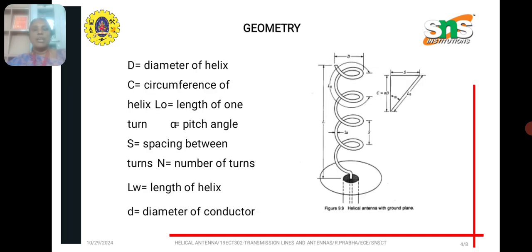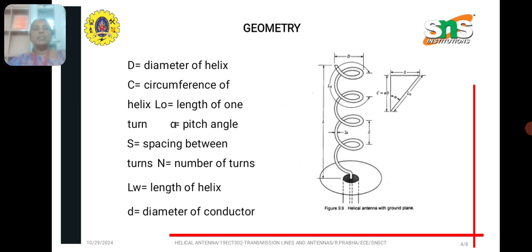The geometry of the helical antenna consists of a metallic ground plane attached with the feed system, and above the ground plane there is a helical structure made of wire. To support this, there will be a rod in between the turns of the helix. The helix may have one turn or more turns.